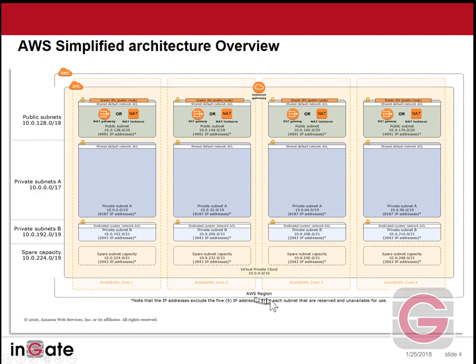Here you have an AWS region, and all those regions provide service for some specific geographical regions worldwide. There are about 15. We are going to mention them in more detail in one of the sessions.